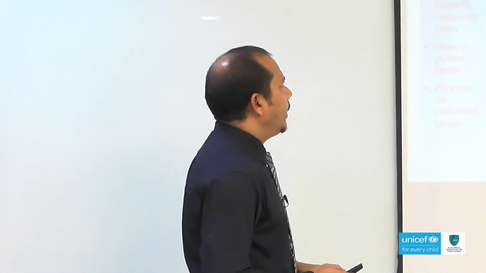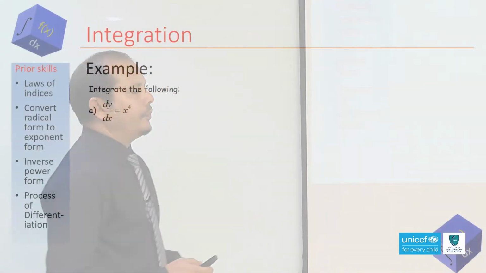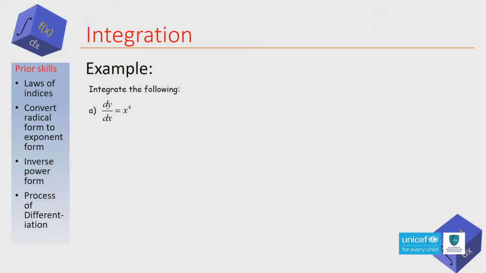Here we have a function with dy by dx equal to x to the power 4. So, how do we integrate this function? How do we get the y function from this derivative function? If we go through the process, first thing is that we increase the power by 1 and then divide the coefficient by the new power. The coefficient here is 1.